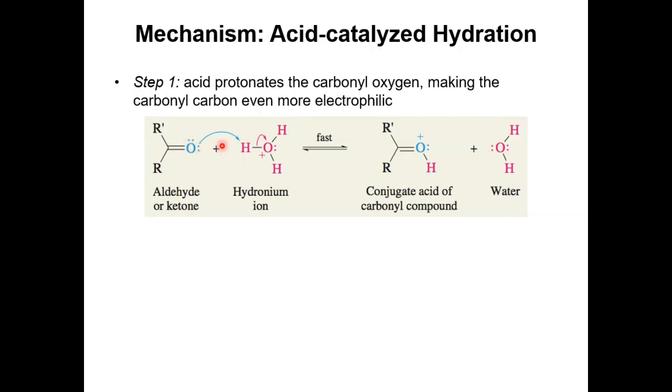So the carbonyl oxygen acts as a nucleophile and takes a proton from hydronium ion, giving you a protonated carbonyl group. For this protonated carbonyl group, you can write it in its other resonance form.